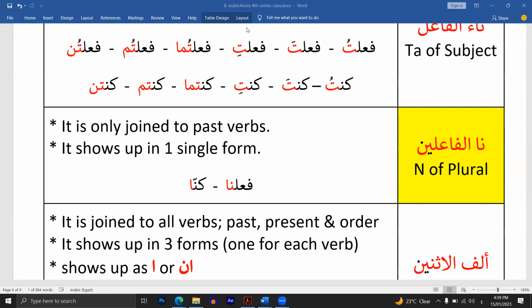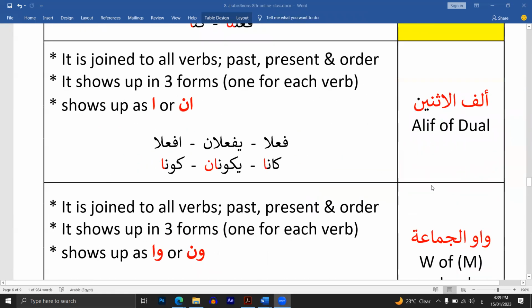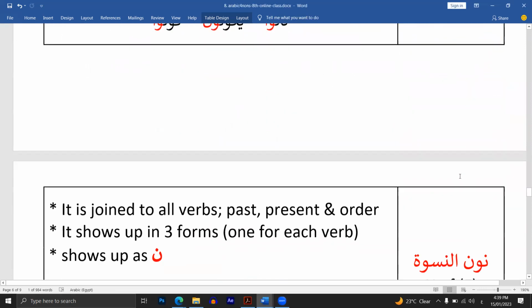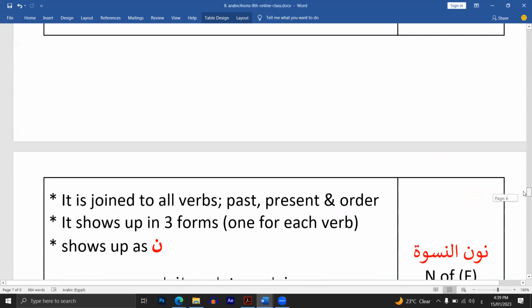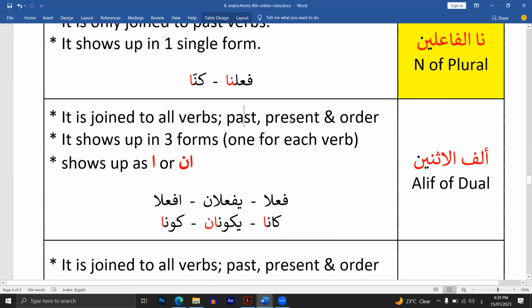Okay, now let's move to the next one. And this one here: ألف الاثنين, واو الجماعة, نون النسوة. Three of them will show up in all verbs: past, present, or command verb, فعل الماضي, المضارع, and الأمر.